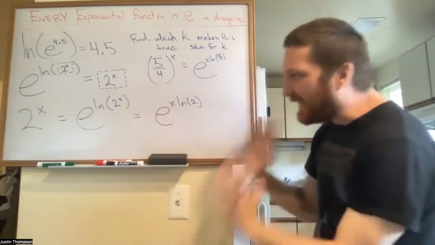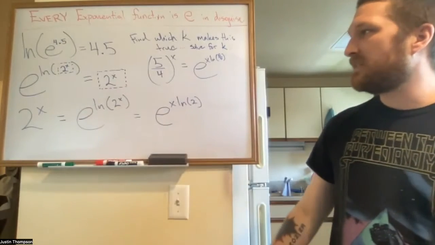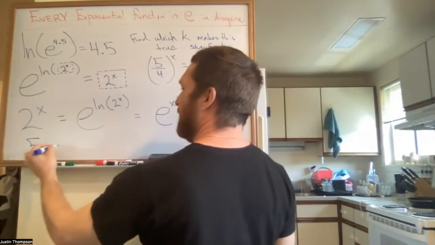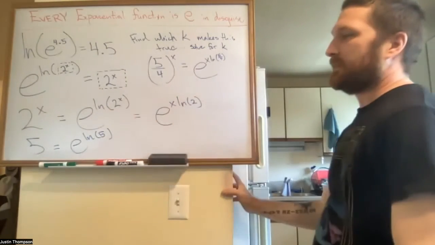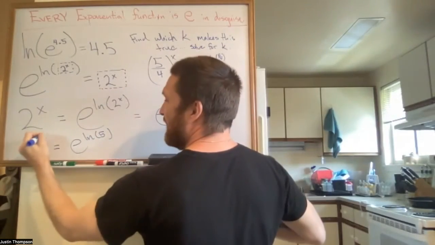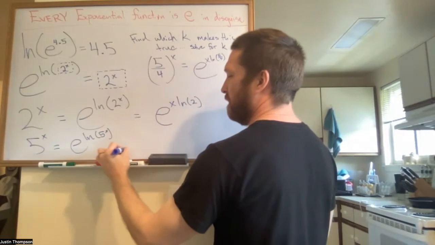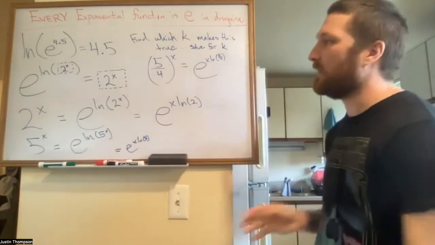I cannot stress how important this little trick is to you. If I have any number, 5, I could write that as e to the log of 5. If I have 5 to the x, that's e to the log of 5 to the x, which makes my life easy if I can rewrite it like that. It'll be your best friend.